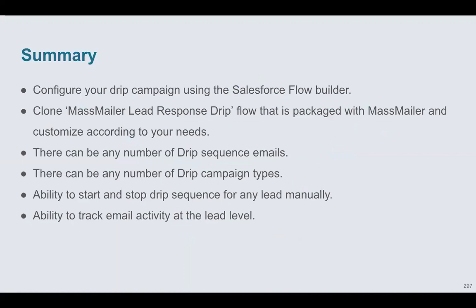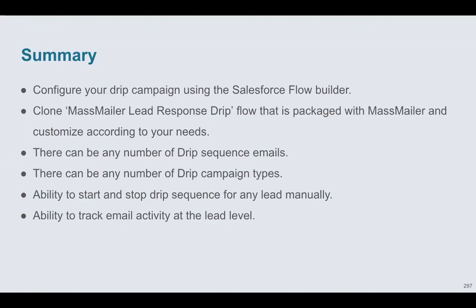Just to summarize what we have in this latest new feature, you can configure the drip campaign using the Salesforce Flow Builder. But what we have done on top of it is providing you a packaged flow called MassMailer lead response drip.